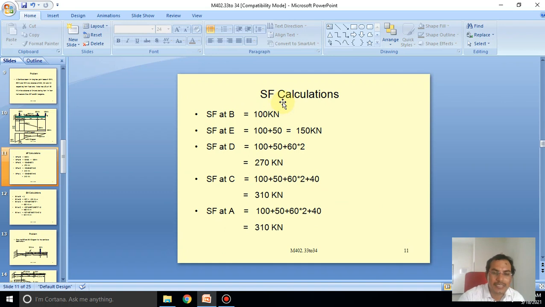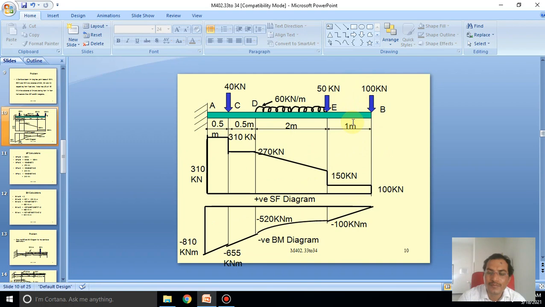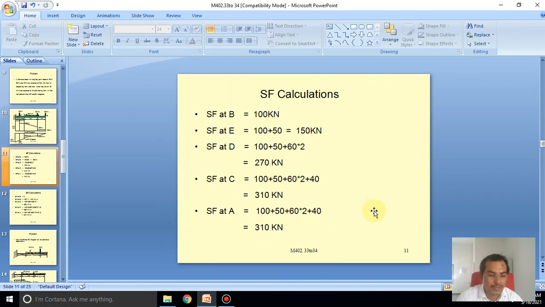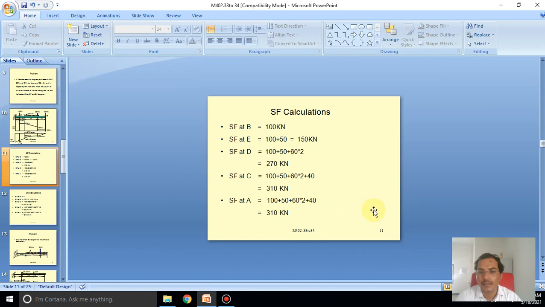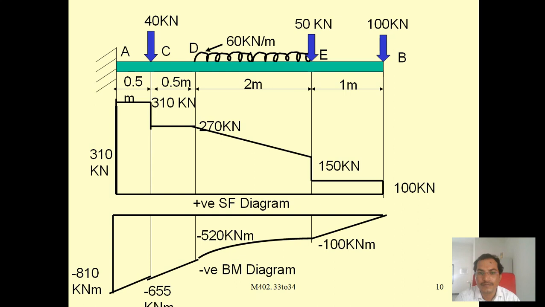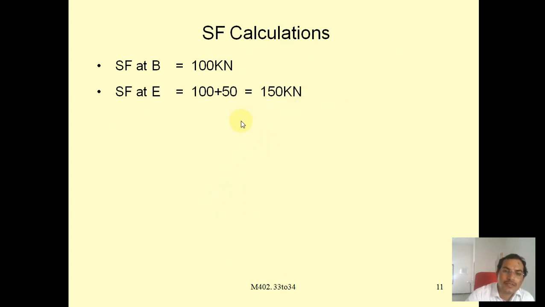First of all, we calculate the shear force at the point of B. At the point of 100 kilonewton we can place any point load in the shear force rules.